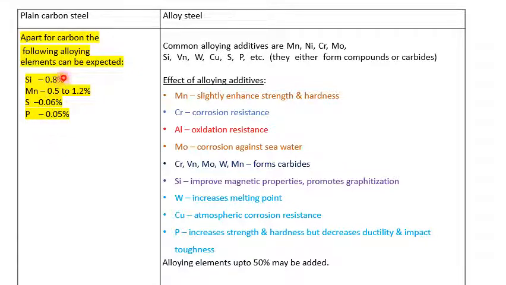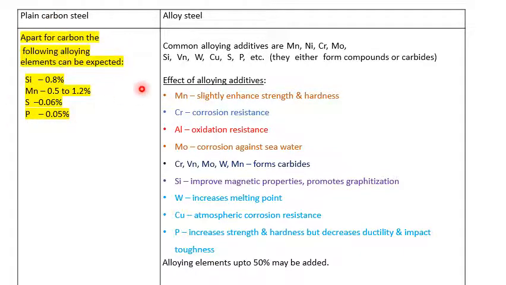When I say plain carbon steel, silicon, manganese, sulfur and phosphorus will be there in predetermined amounts. Normally the content of these things will be termed in the plain carbon steel.